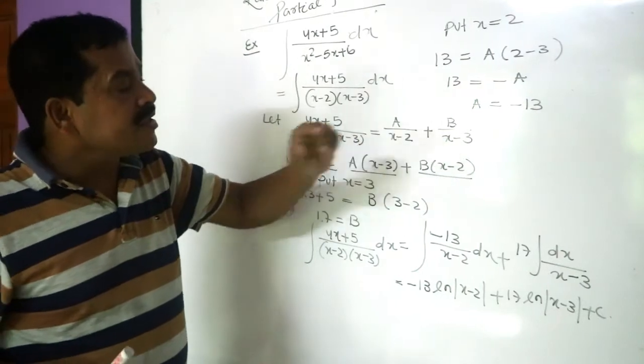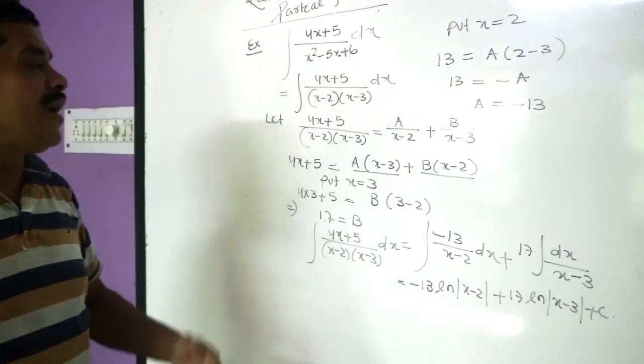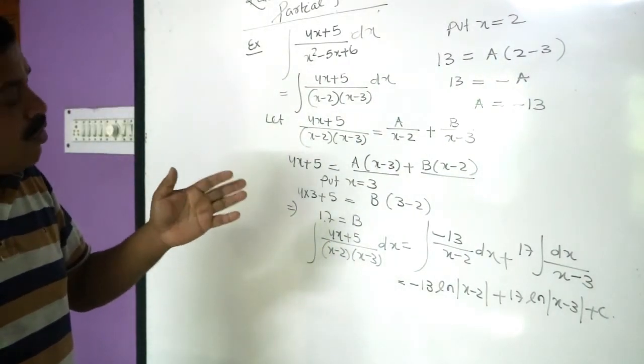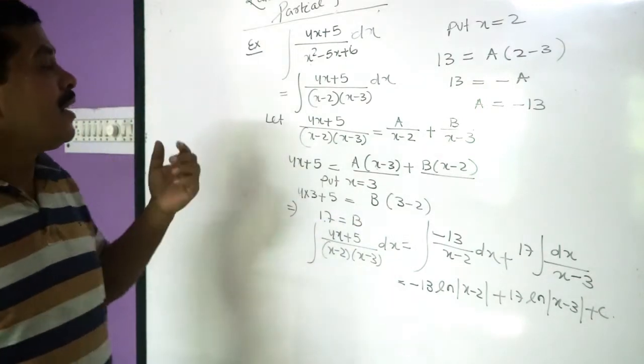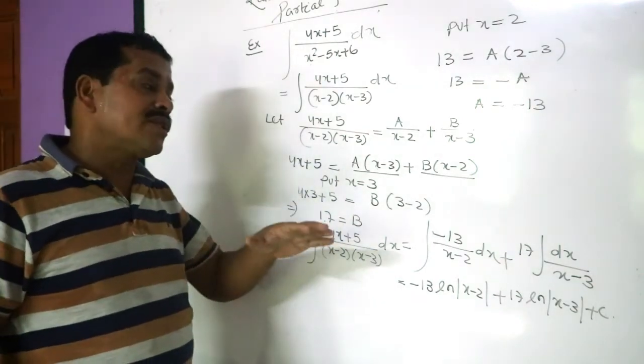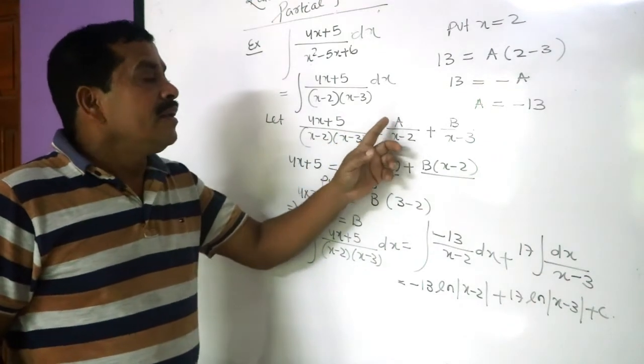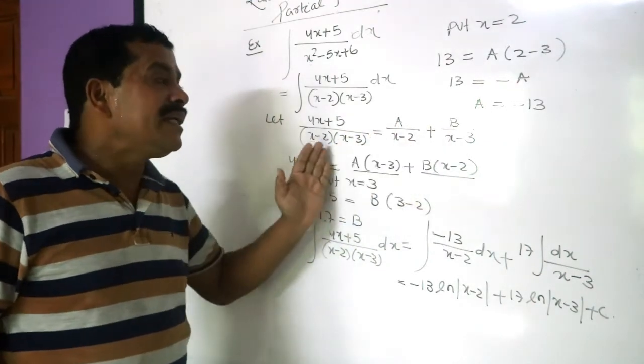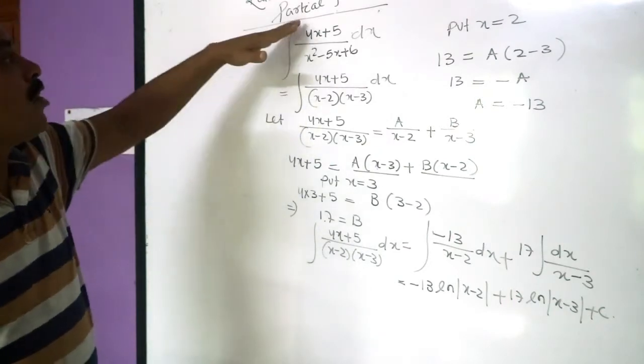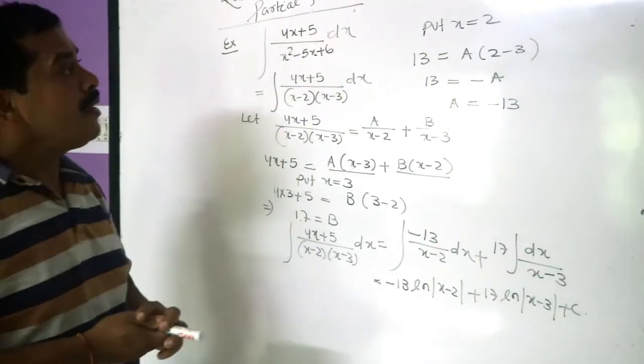Here there are 2 constants, a and b. If there are 3 constants, then you have to find the value of a, b, c, like that. Then after finding the value of the constants, put the values here and integrate by the method of partial fractions.